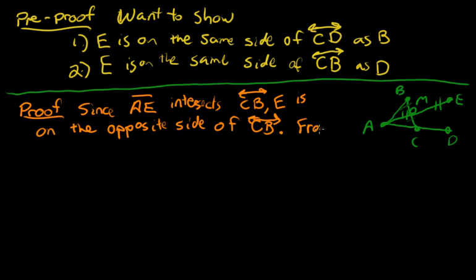So, E must be on the opposite side of CB from A. And that's by the Plane Separation axiom.